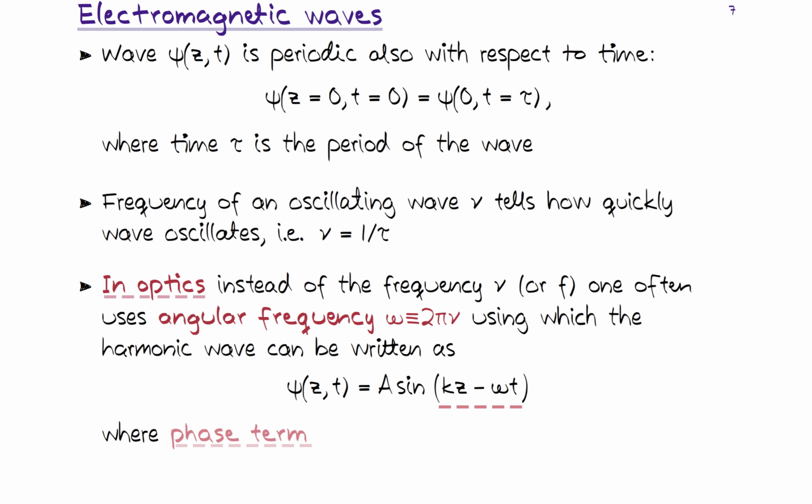So the phase term is now symmetric with respect to both z and t, and this helped me a lot, and still helps me a lot, when I'm looking at a piece of mathematics. It's easier to remember, easier to operate, I would say. This is the choice we make, but of course there's nothing restricting you from also using the common frequencies, nu or f. It's just a matter of taste.